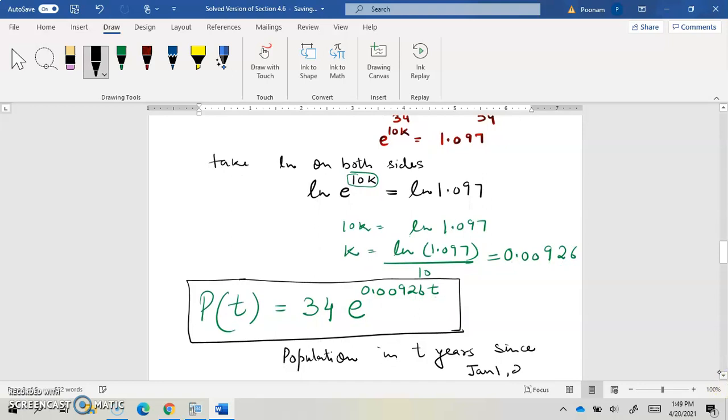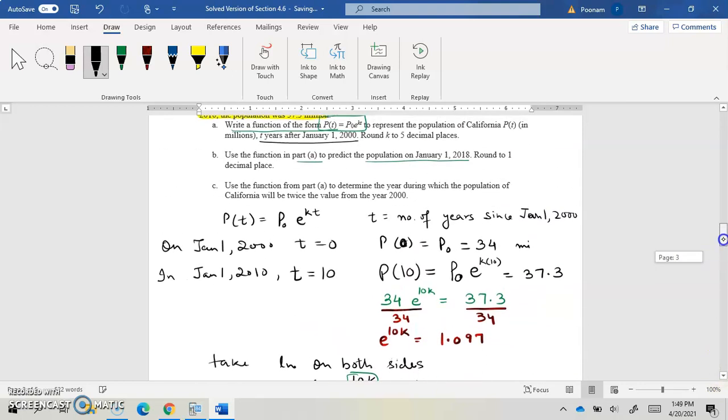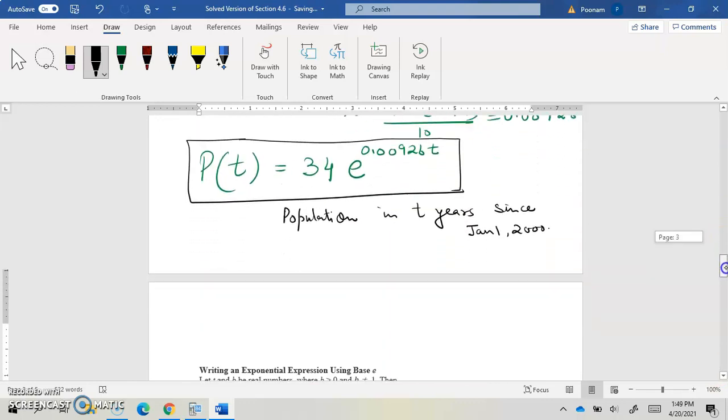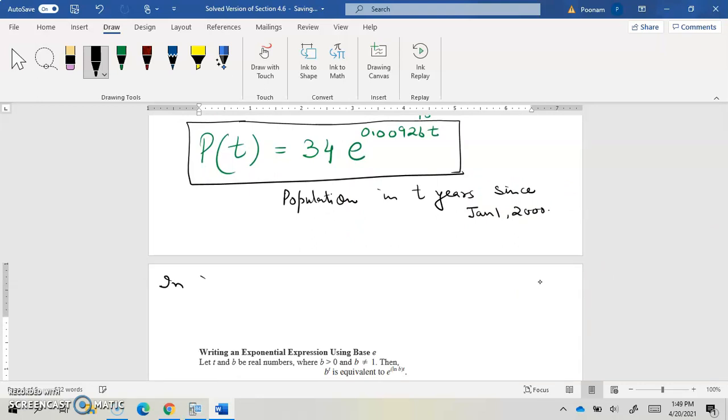Now the question is to predict what will be the population in 2018. In 2018, t is equal to 18. So for part B, we have to calculate P of 18 using the formula we already found: 34 times e raised to power 0.00926 times 18.